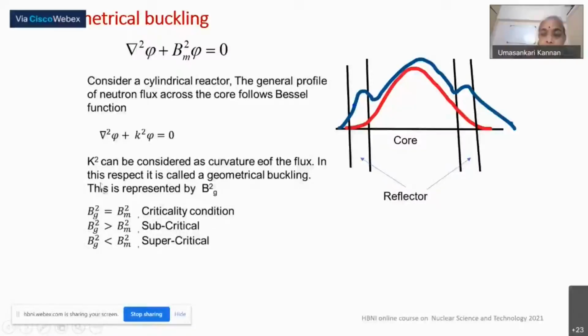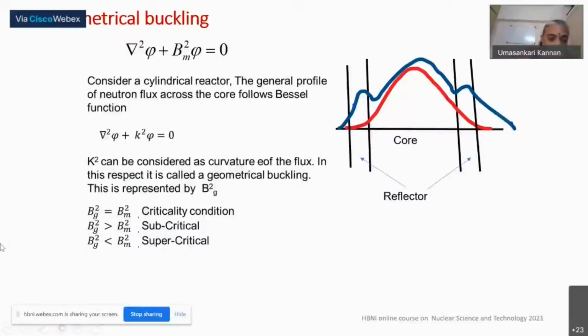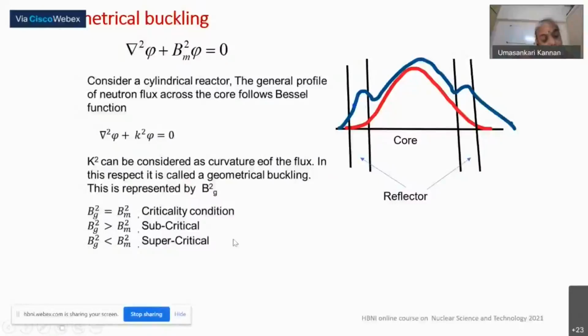Subcritical system means your neutron population will keep on dying down. So K will keep on reducing below 1, and finally it will decrease. If Bg square is less than Bm square, then we have a supercritical system. So this is again a situation which is called a runaway situation, where the neutron population will keep on increasing with time, where K is more than 1.